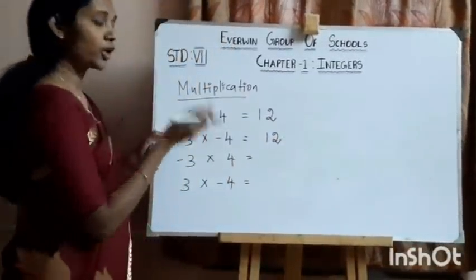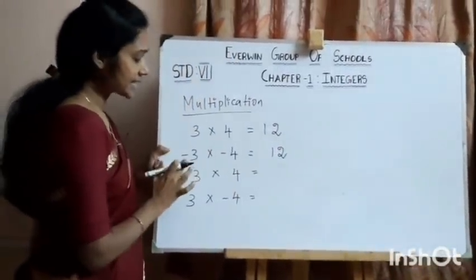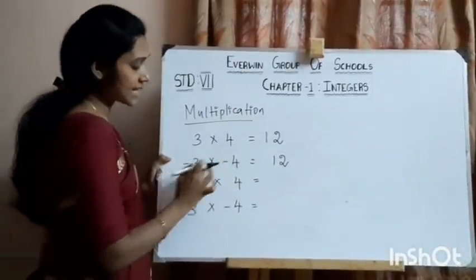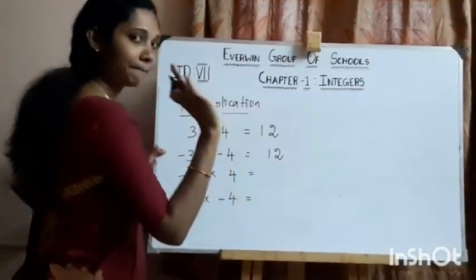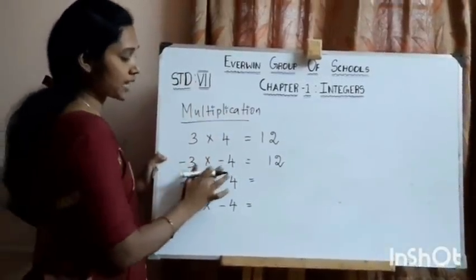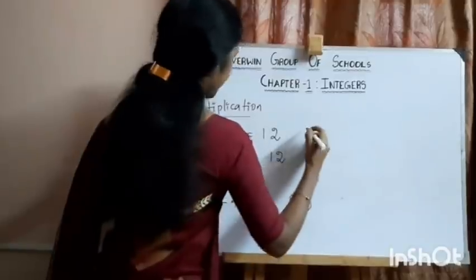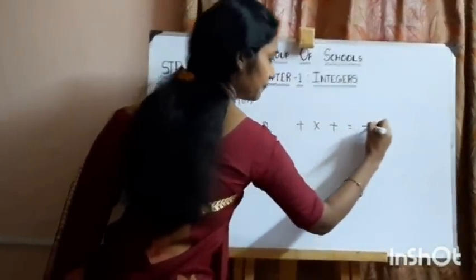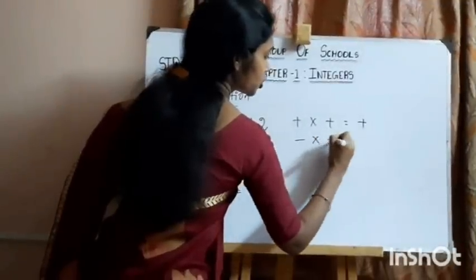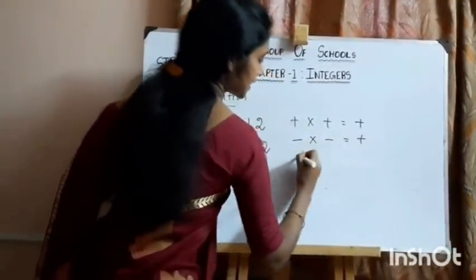And now going on to the signs. Minus and minus will be plus. So this will be plus. Minus 3 into minus 4. That is here plus into plus will be plus. Minus into minus will be plus.